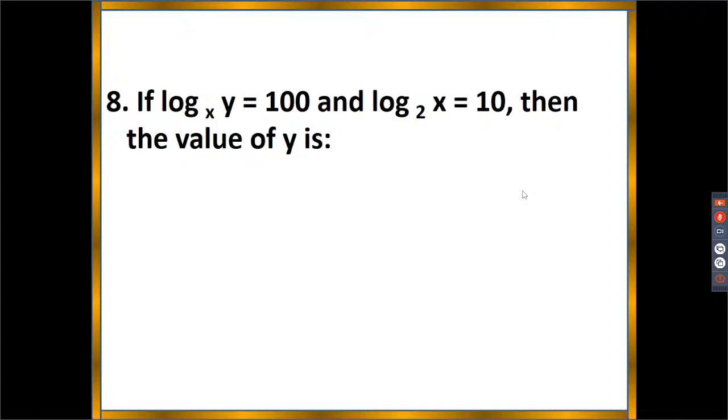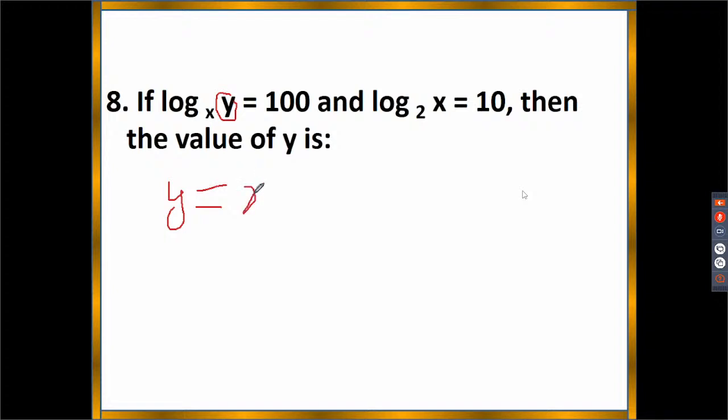Then the value of y is. Up to that, any doubts? Okay, so these are the different problems related to the properties of the logarithms.